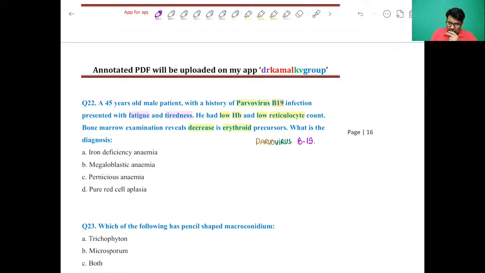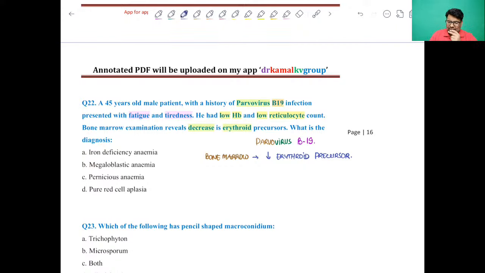Then there in bone marrow there is decrease in erythroid precursor. Clear? So it means the precursor cells, yes, Dr. Kanaya, both of you are absolutely right.